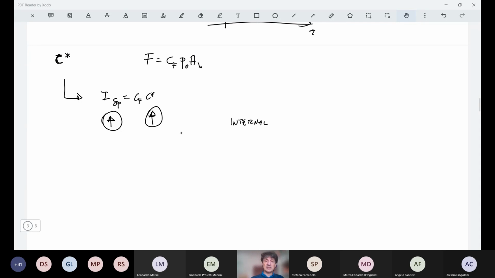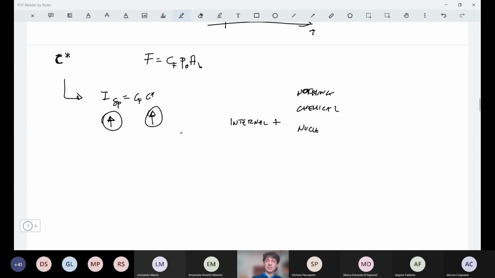Then we can add some energy. We can add nothing, or we can add some chemical energy or nuclear energy.